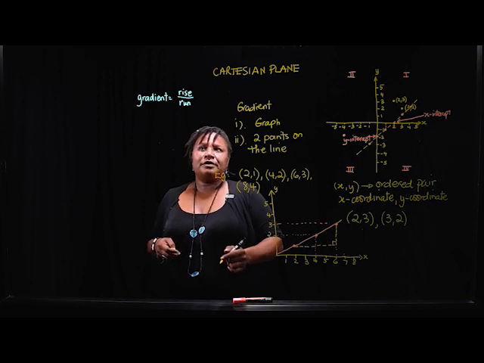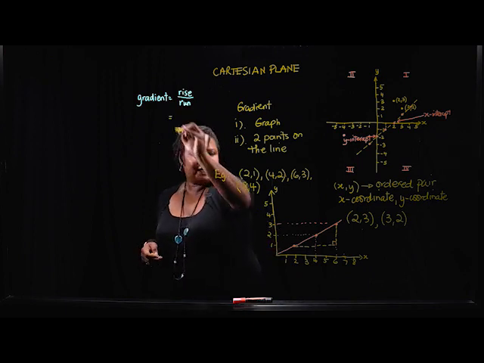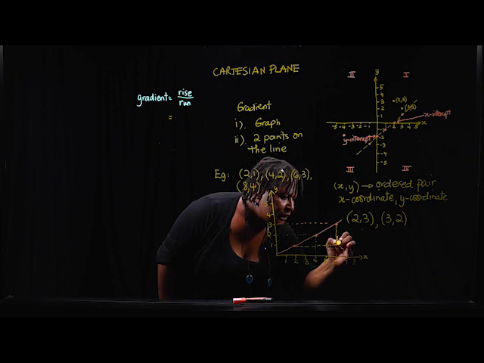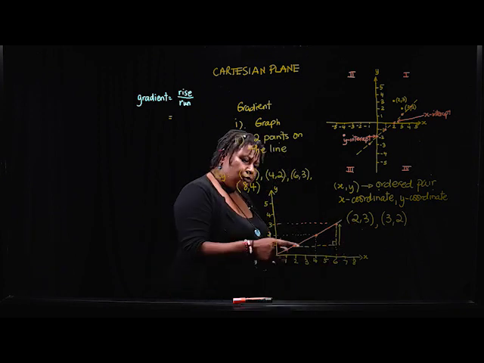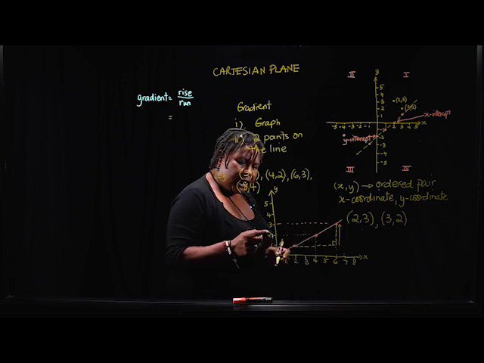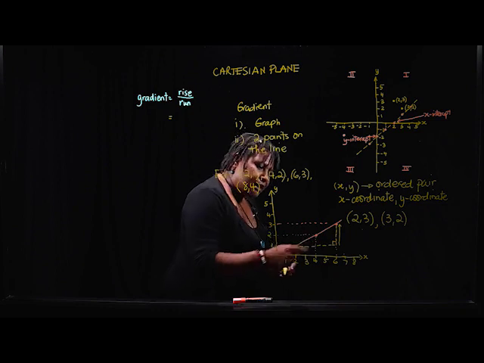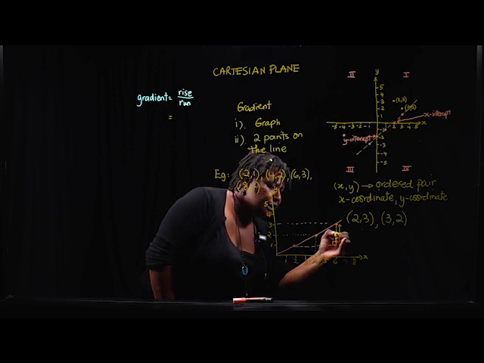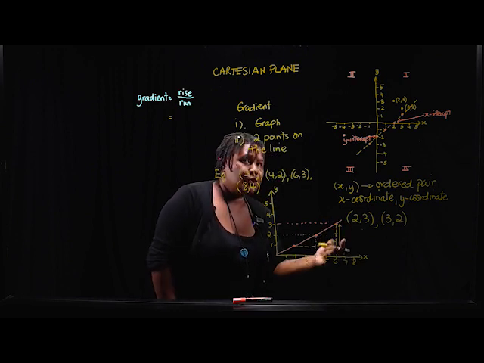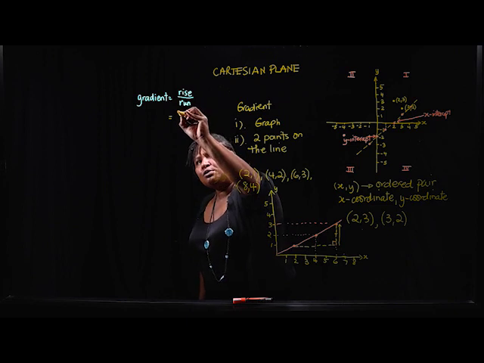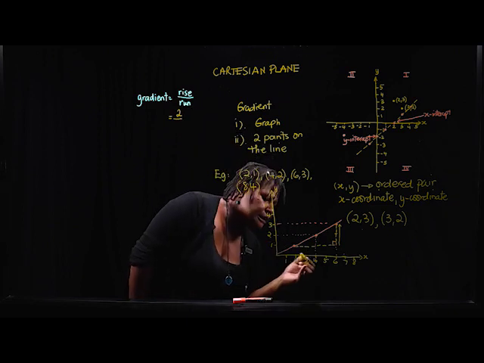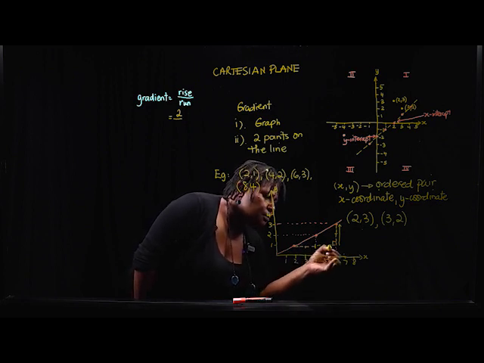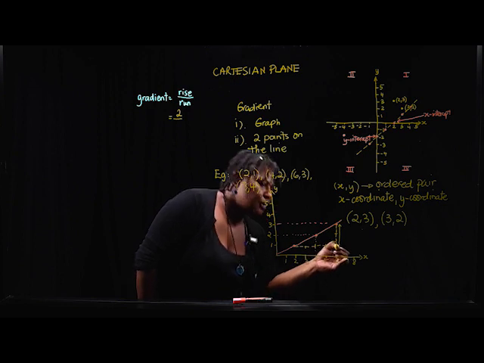Now, the rise here would be the distance from here to here. So we are counting not the numbers here, but the number of units. So we have 1 unit here and another unit there. So our rise is 2. Our run, counting the number of units, 1, 2, 3, 4 units.